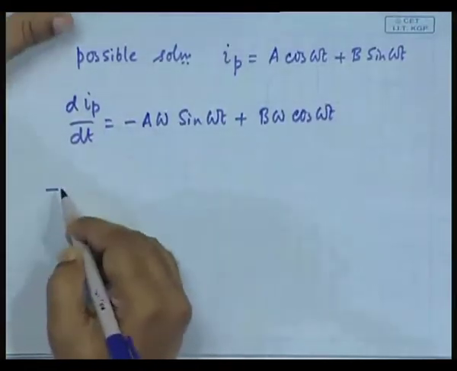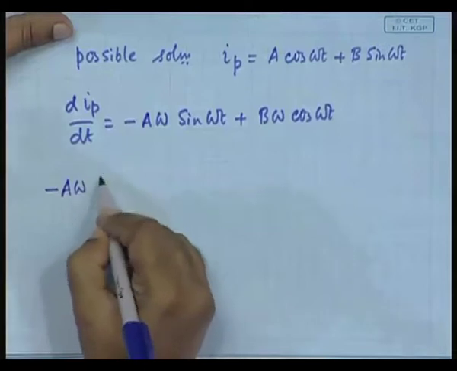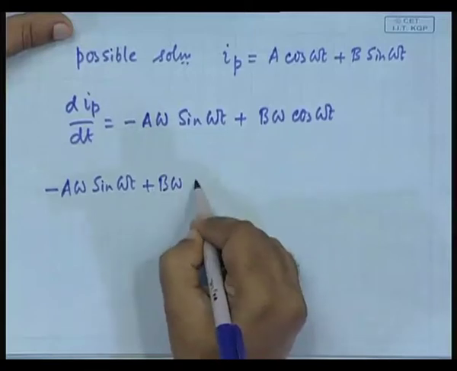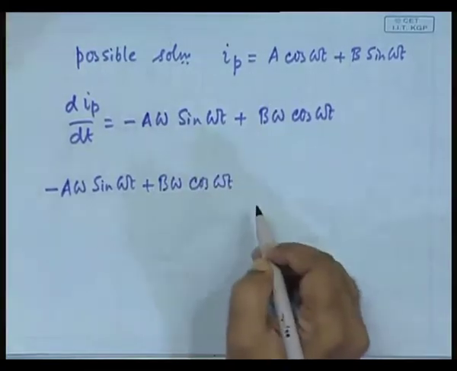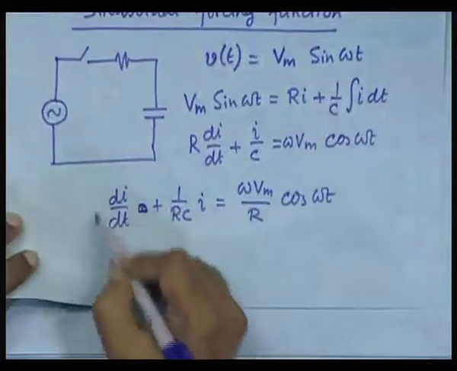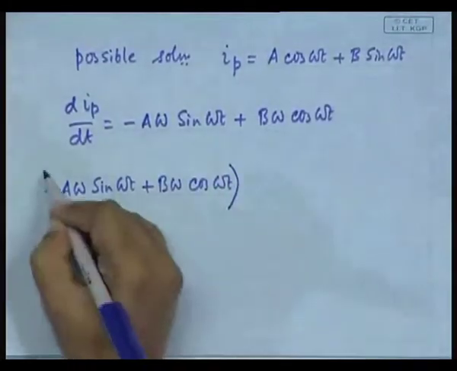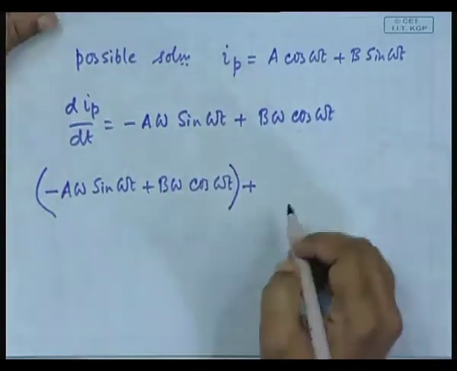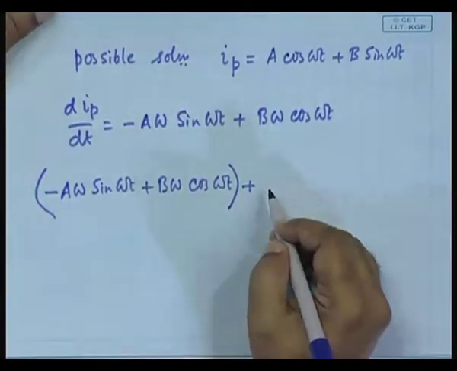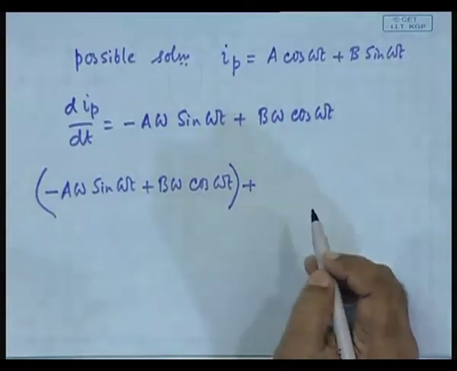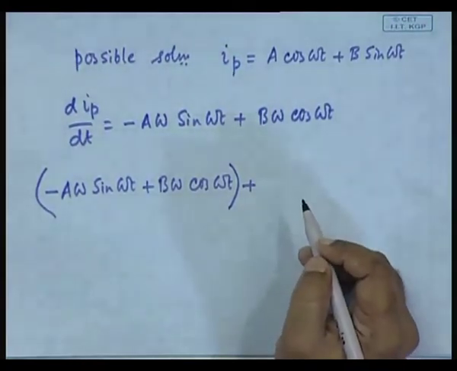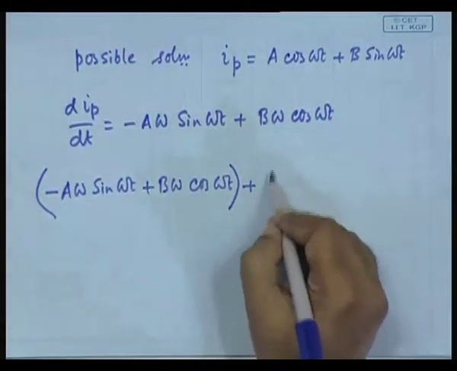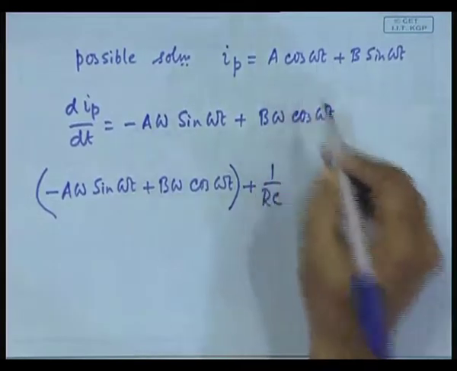It is minus a omega sin omega t plus b omega cos omega t, this term, then plus 1 by R c times the solution, which is here, so 1 by R c times a cos omega t.